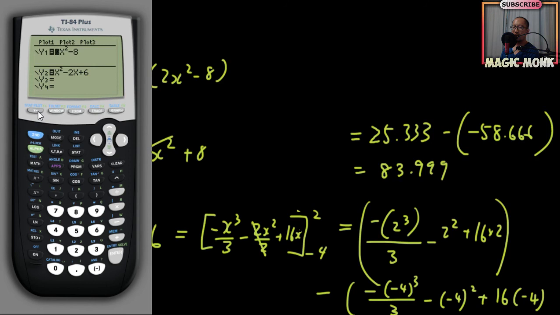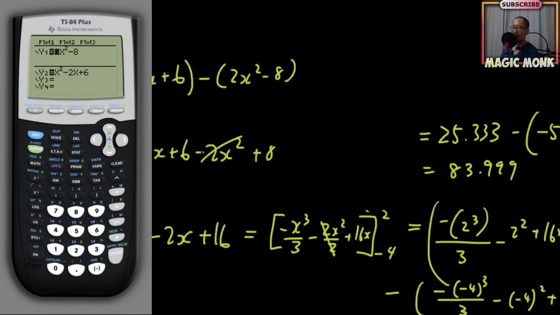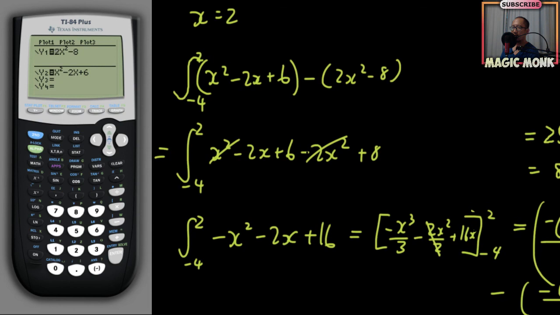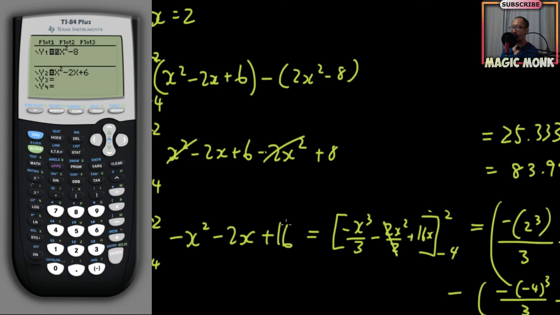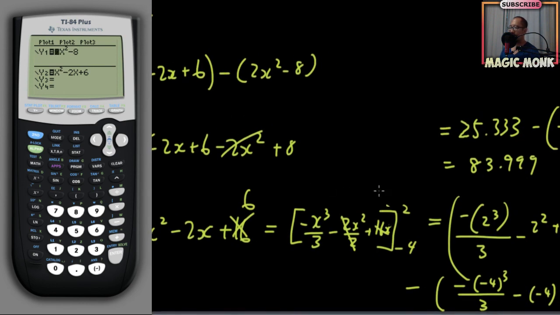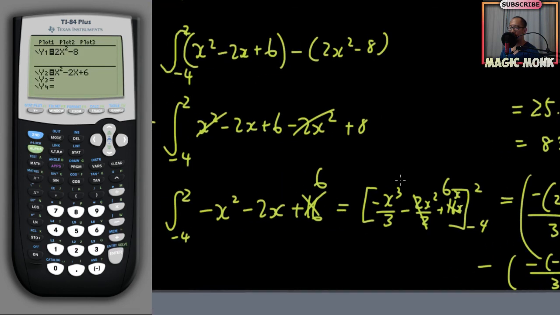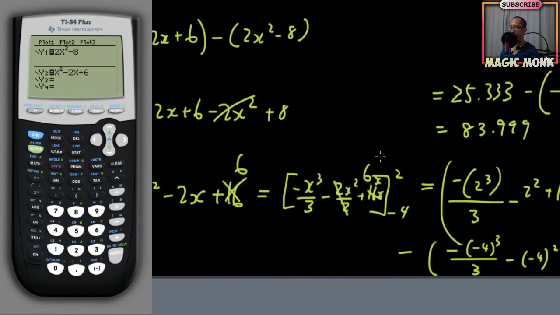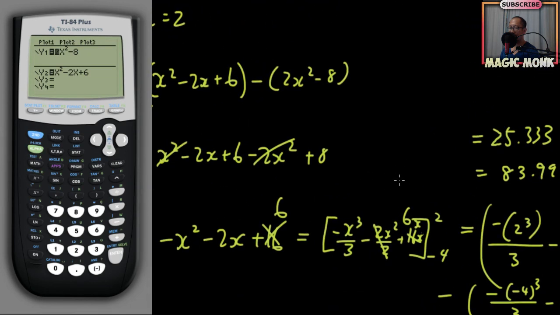X squared minus 2x plus 6. Did I type that in right? X squared minus... No, because I put 16 over here. Another arithmetic mistake. Okay, this should be 6, not 16. People need to start pointing things out. Actually, I can only blame... Oh, no, wait.